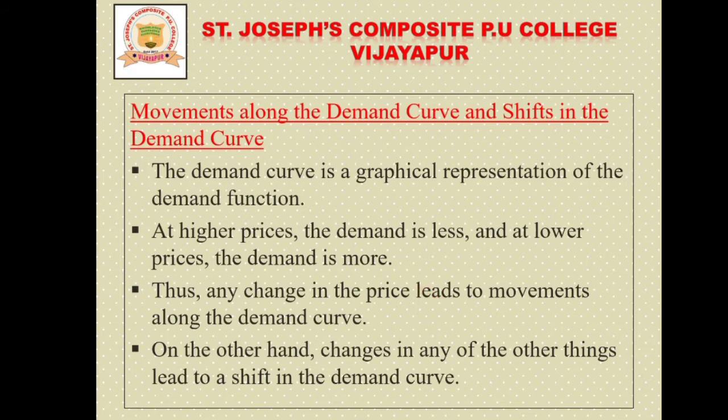This is the main concept of the law of demand: an inverse relationship, price increases, demand decreases, price decreases, demand increases. So movement takes place when there is a sudden change in its price.